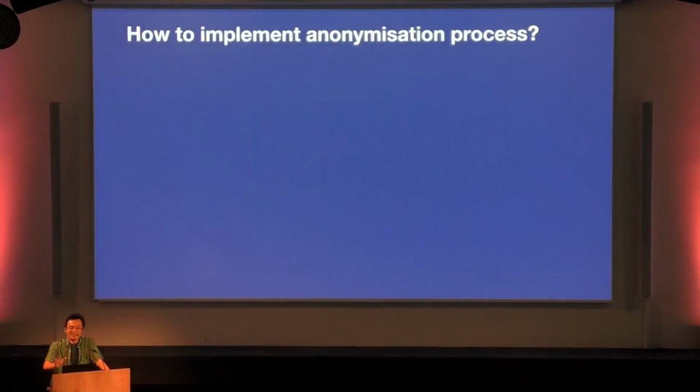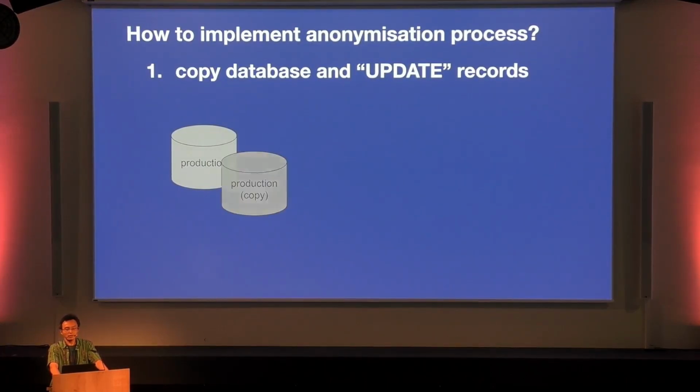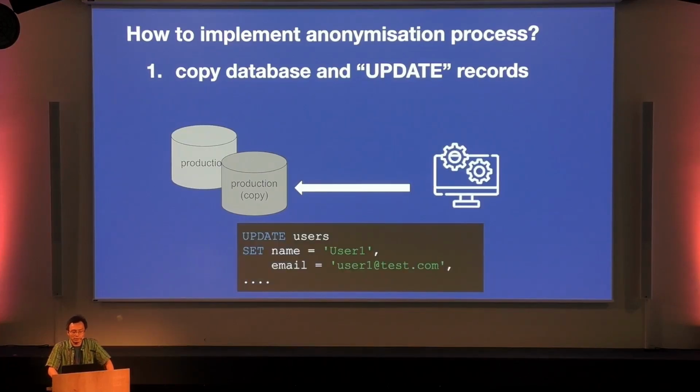So, okay, but how to implement anonymization? One strategy may be to copy the database and update the records. You have the production database, just copy it, connect, and update your database.